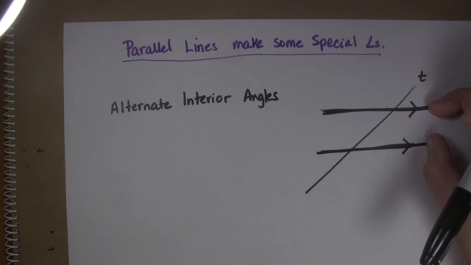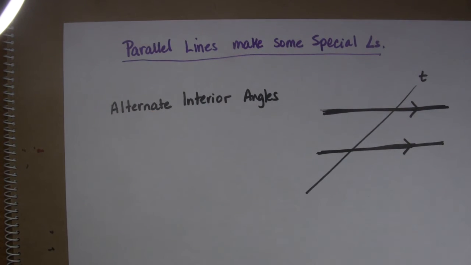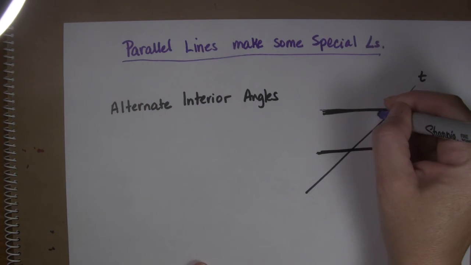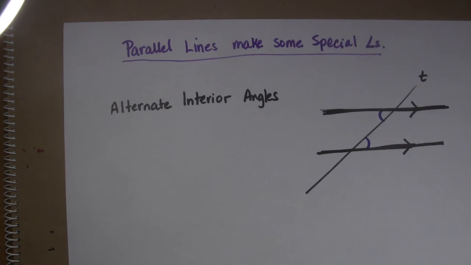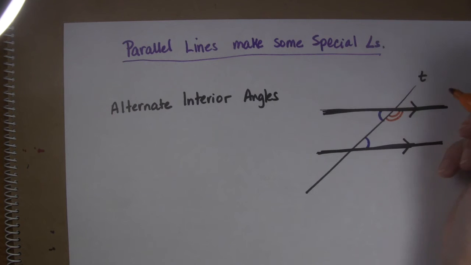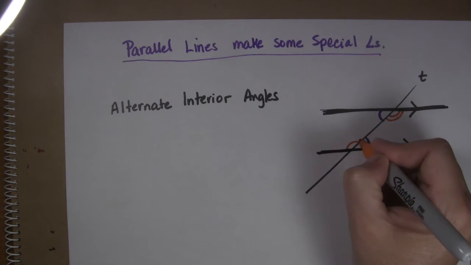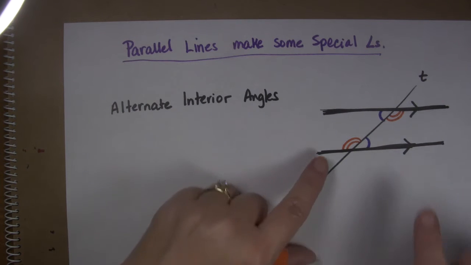They're interior, and they are alternate, so they're on alternate sides. So this angle right here and this angle right there make a pair of alternate interior angles. And then this right here and this right here is another set of alternate interior angles, right?